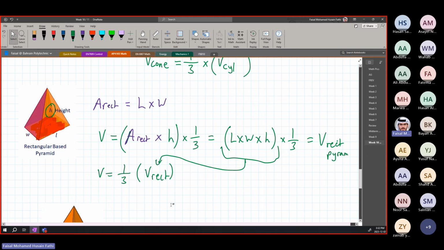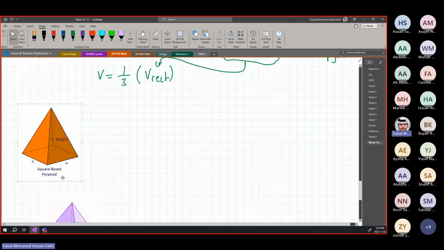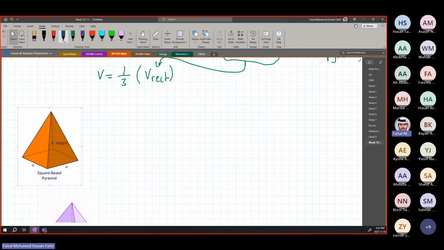So the same exact concept can be done for all these different shapes. For a square-based pyramid, exactly the same thing. The area of a square is equal to side squared, or a squared. And for the volume, we look at the third dimension, height.